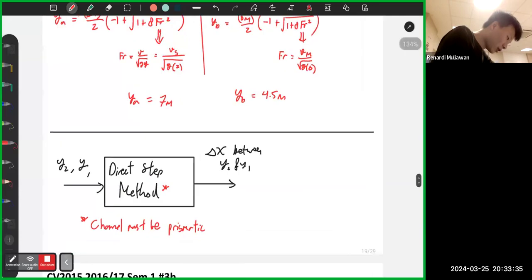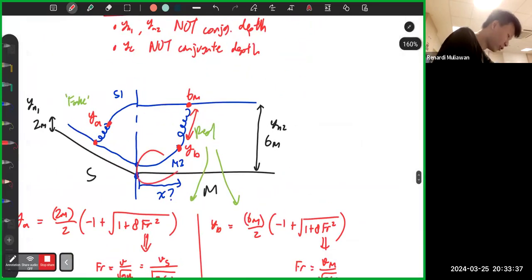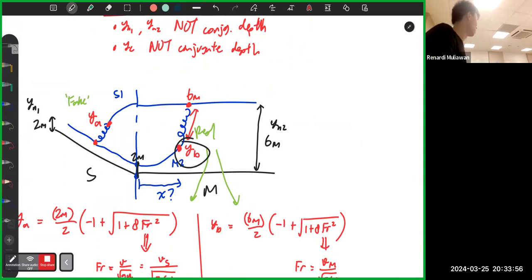Okay, so now if you ask what's the distance of the hydraulic jump, I think it's clear which values you must plug in. We are finding the distance between this and this. So the two y values that you must use are 2 meters and YB. Again, the common mistake: people use 2 meters and YC, the critical depth.